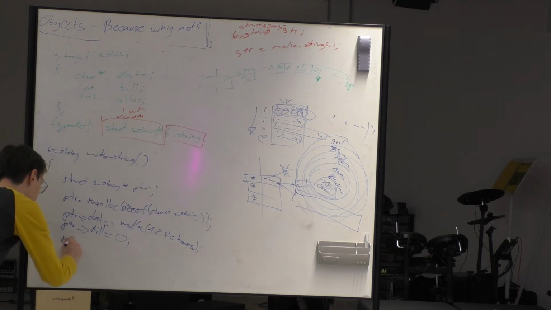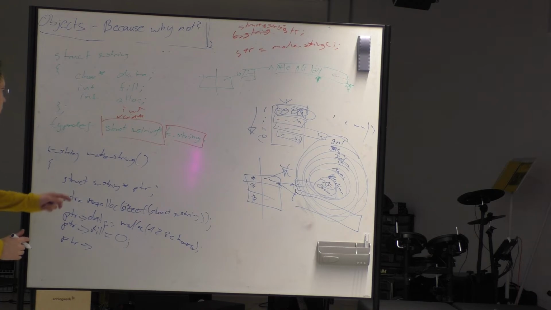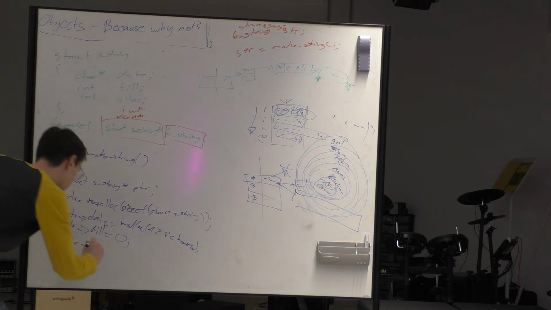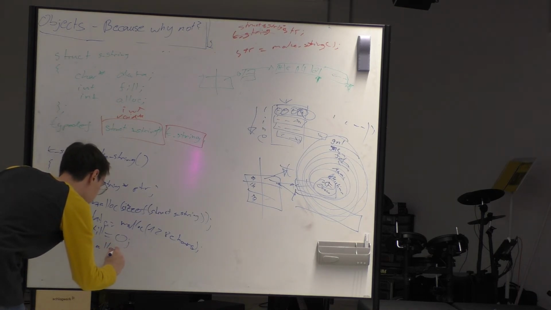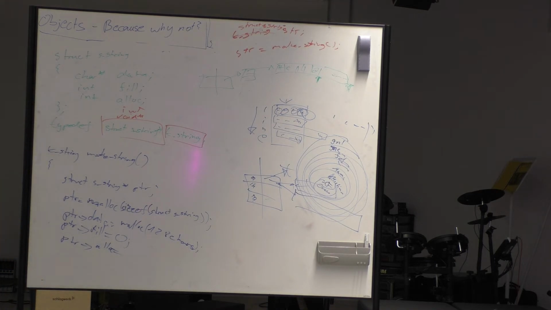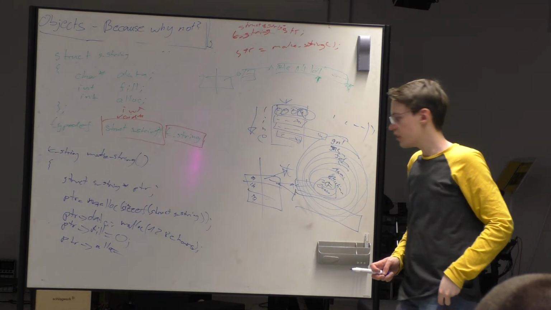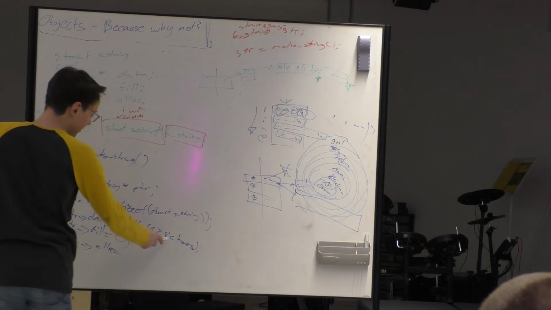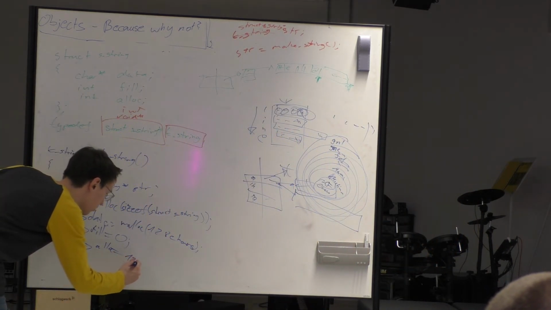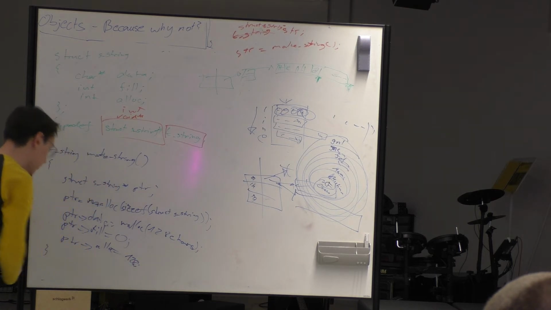And the last thing, ptr arrow alloc is, any ideas? Again, alloc is the size of the data that we've allocated for data. If we've allocated 128 chars, we are going to store the 128 in here.